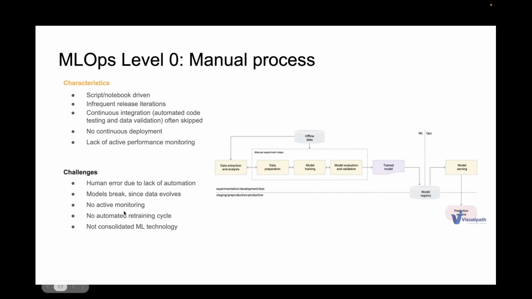These are the different problems: no active monitoring, no retraining cycle, or not having a consolidated ML technology. This is the lowest level of MLOps, or maybe there is no MLOps here, or very little, since the way we are doing it is all manual. The ops person is doing all the manual work here.